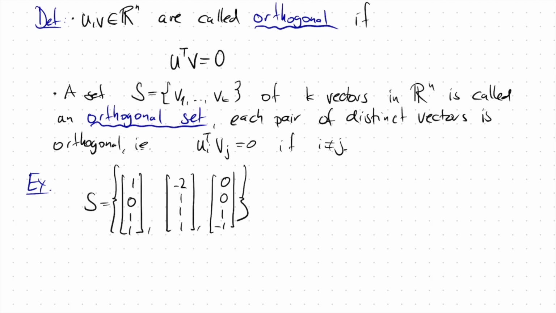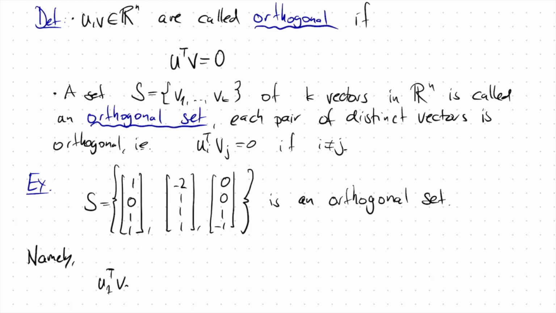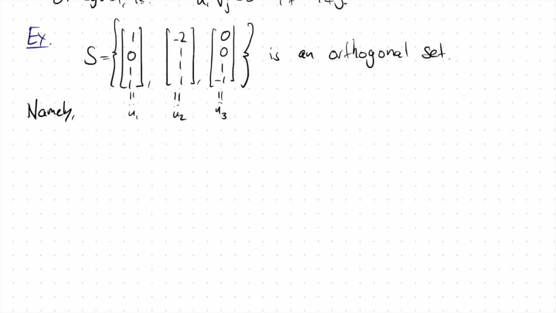I claim this is an orthogonal set. So let's check this. Namely, let's compute the dot product of the pairwise distinct vectors. So first let's give the vectors names. Let's call them u1, u2, u3.